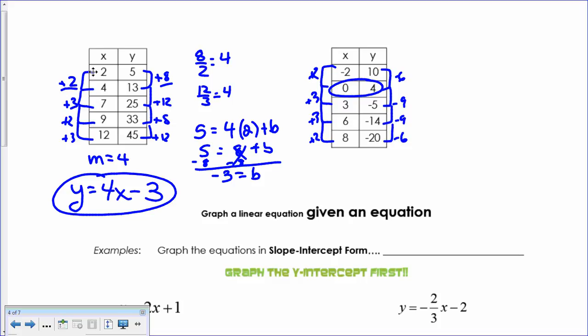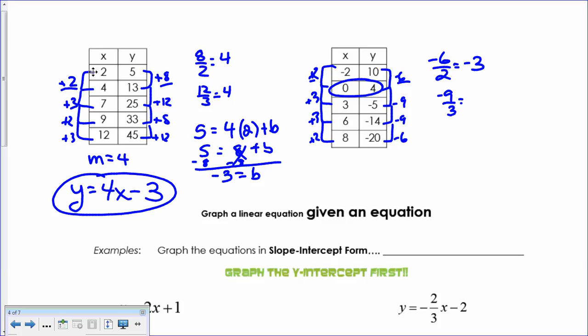All right, so again, change in y over the change in x. So -6 over 2 is negative 3. And what's negative 9 over 3? Negative divided by positive.